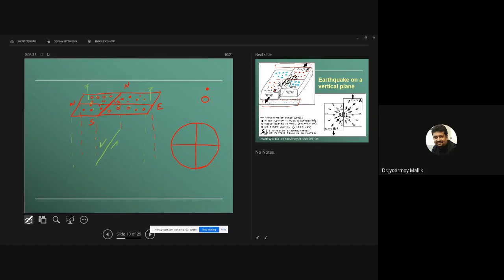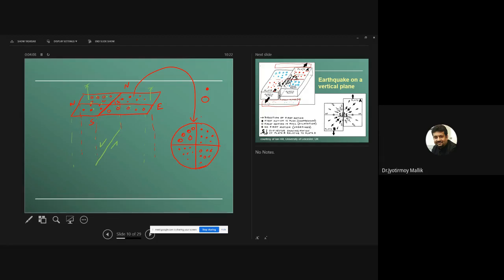And then this was my compression quadrant. This is my dilation quadrant. This is again my compressional quadrant. Sorry, my apologies. This is dilational again. This is dilational quadrant, and this is compressional quadrant, right? That's how we can simply translate this information into a stereonet.